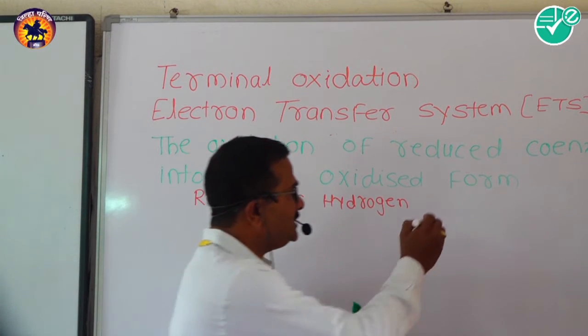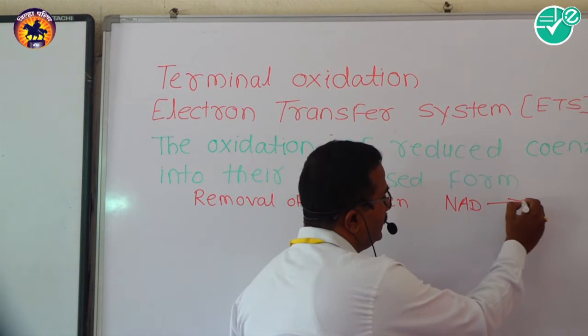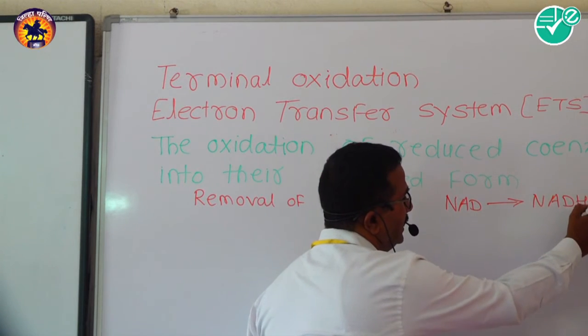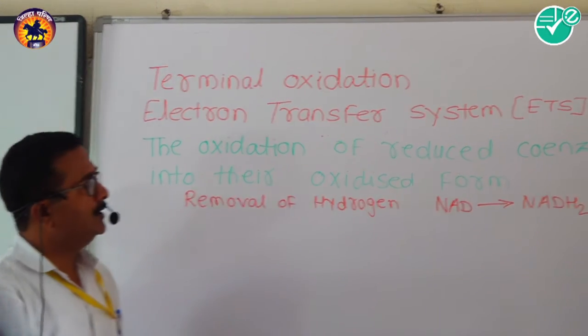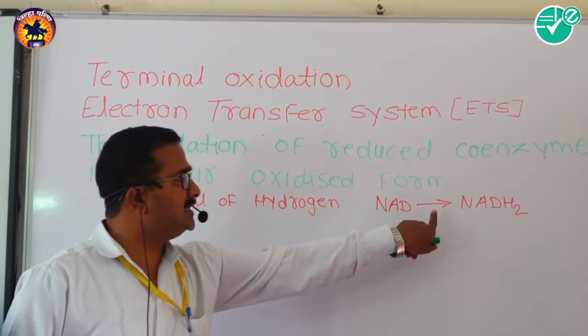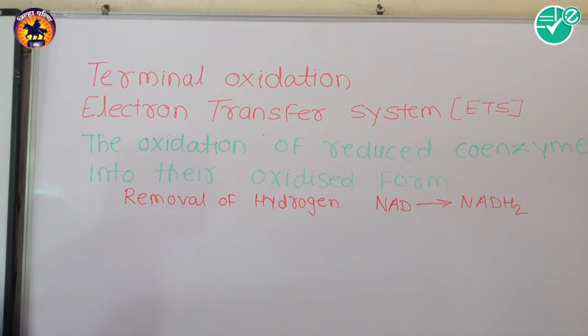These hydrogens are accepted by the NAD, and NAD may get converted into the NADH2. Means this coenzyme NAD is reduced here into the NADH2.